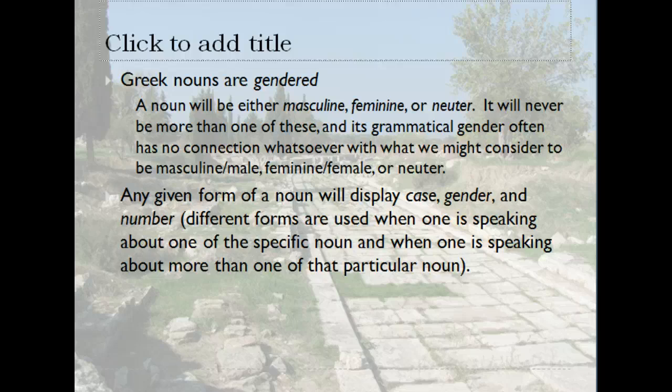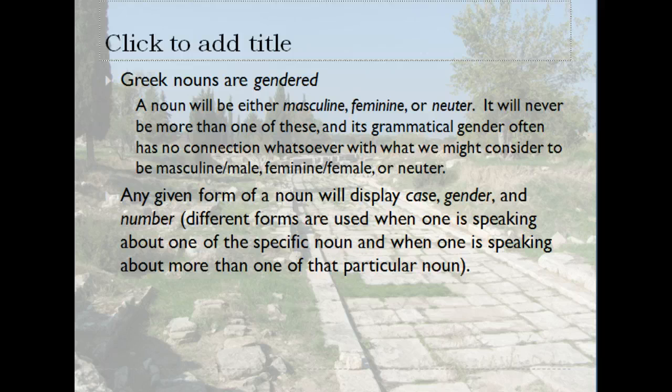Girl, mother, wife, these are always represented by feminine nouns in modern languages. Similarly, brother, uncle, father, boy, these are always represented by masculine nouns. But then a great majority of nouns are assigned to a particular gender without there being anything inherently masculine, feminine, or neither about the noun itself.